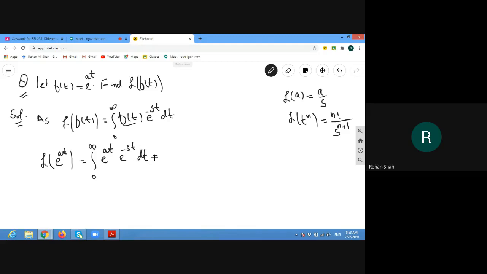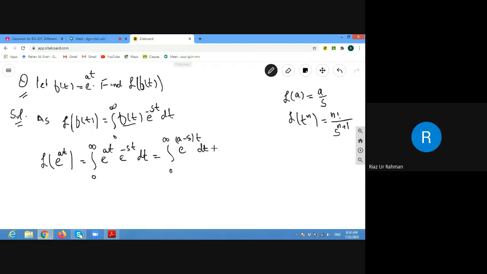So if you multiply these two exponential functions, you will get integral 0 to infinity e power (a minus s) into t, d of t. Is it clear? This is simple calculation.